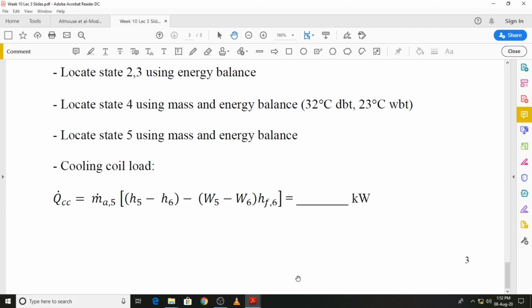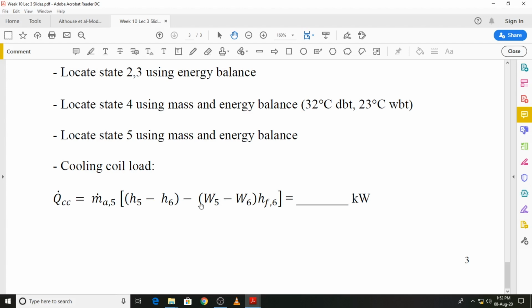That is, across the cooling coil the enthalpy difference is from state 5 to state 6, and the mass flow rate is the total mass flow rate that we have at state 5, which is the sum of the mass flow rate at state 4 and state 2. Or we can say it is the sum of the mass flow rates of the two zones, m dot 1a plus m dot 1b.